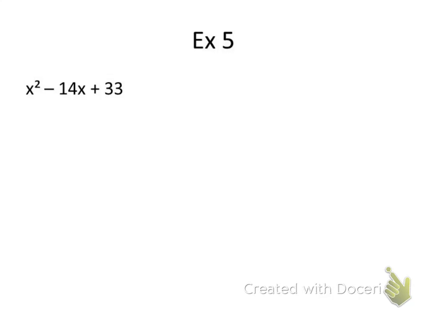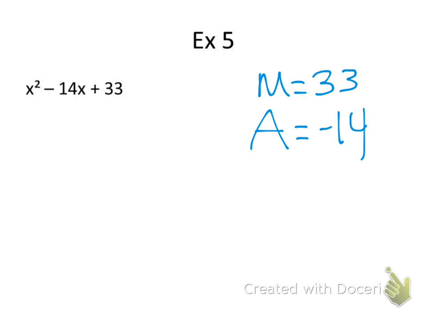As you're writing this, try to figure out if you can determine what our signs need to be. So if I'm going to multiply to 33 and add to negative 14, what are the signs going to need to be? Both negative.